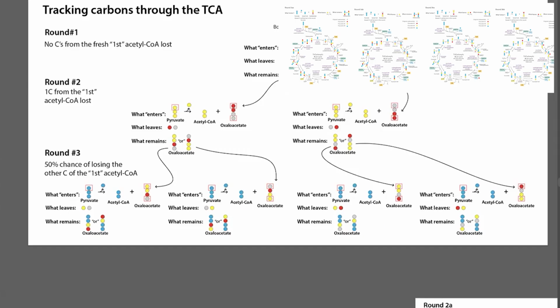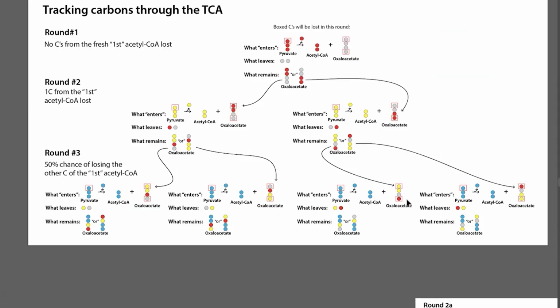Even though it has 2 carbons and each turn of the cycle we lose 2 carbons, we can see that after 3 rounds for this one, we still have the carbon that's remaining from that original acetyl-CoA that we brought in. But if we were to choose this molecule, now we see that after the second round, we're going to have a red on one side and a yellow on one end.